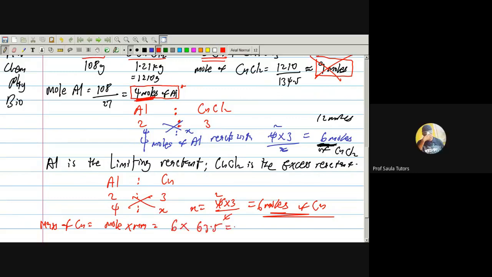Now, calculate both of them. 6 times 63.5 is 381. 381 what? Grams. That's it.